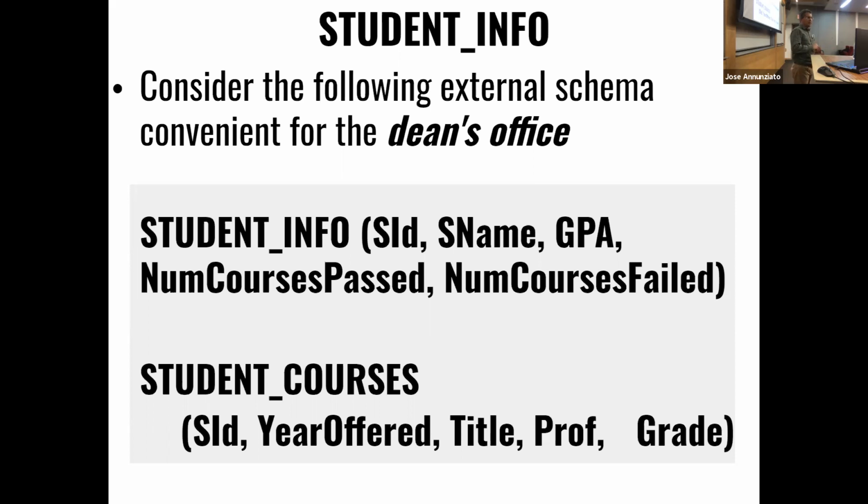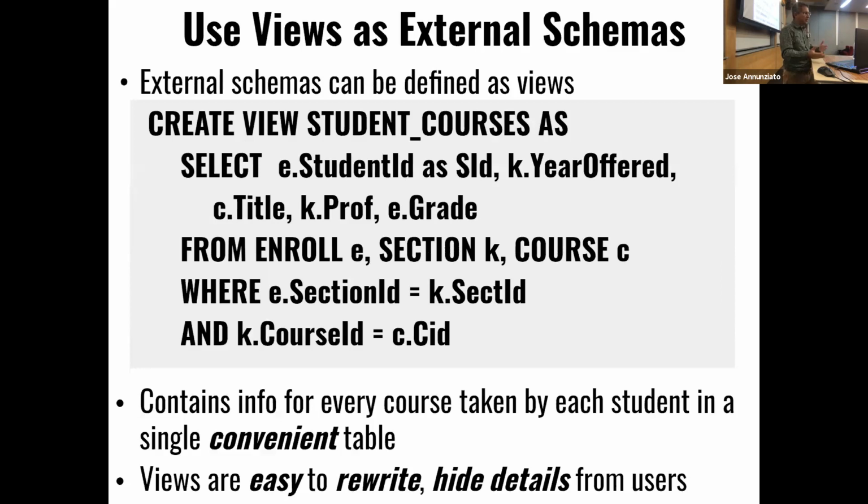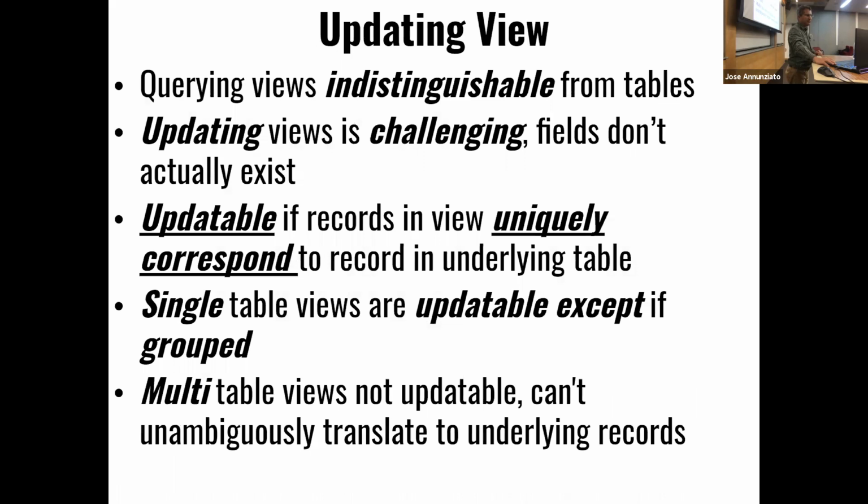Or they might want a denormalized schema that has information about the courses and the students, which we made an effort to break up, but they would want it to be denormalized. So we can certainly create a view that does all that query, that goes out to the enrollments table, to the section table, to the course table, and joins everything into one denormalized view for your consumption. And it's convenient for them.